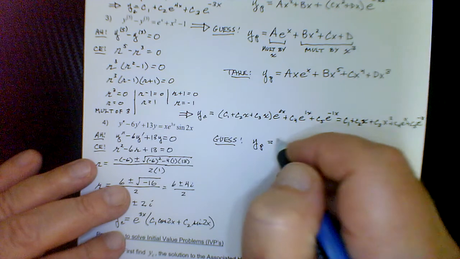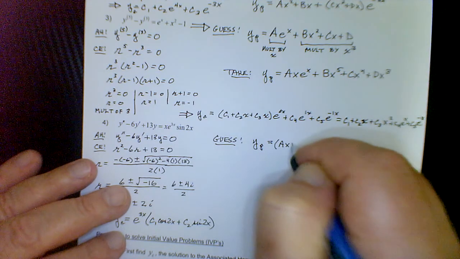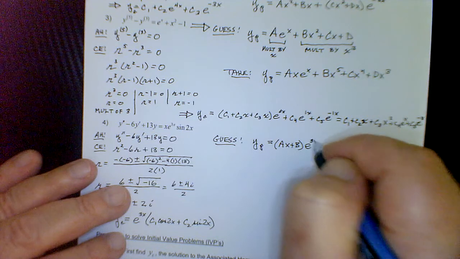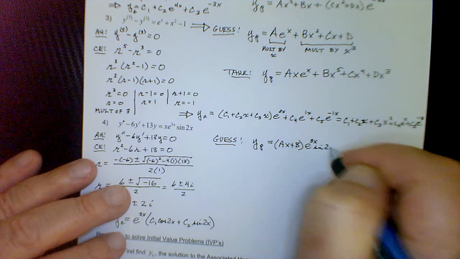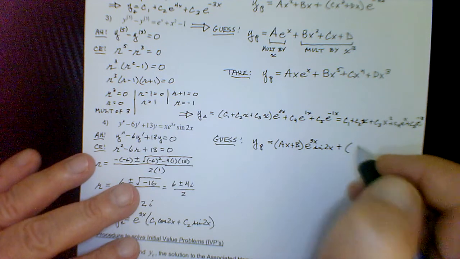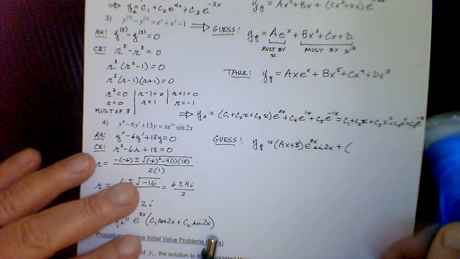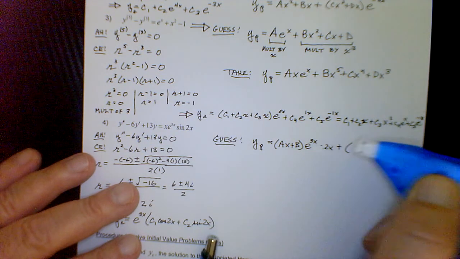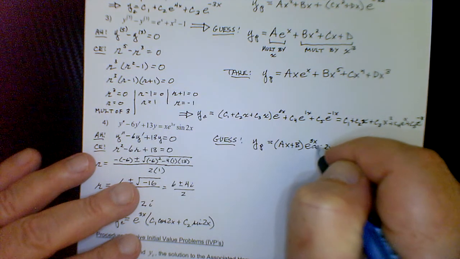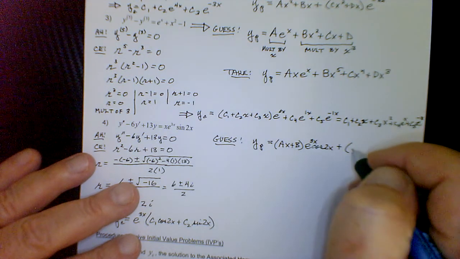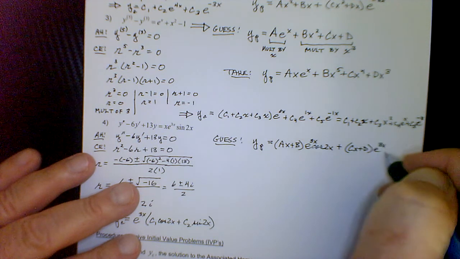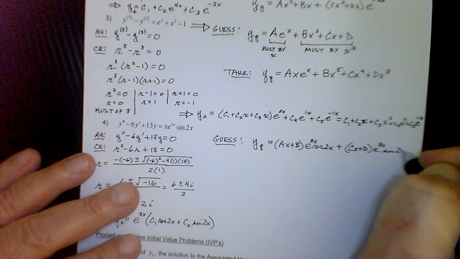ax plus b e to the 3x cosine 2x, and then plus, well, let me make that cosine 2x just to be consistent with the table. It really doesn't matter what order you put them in, and then plus cx plus d times e to the 3x sine of 2x.